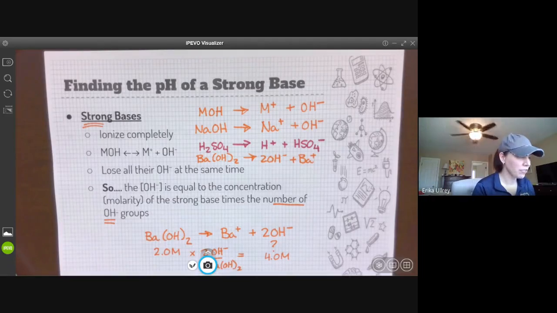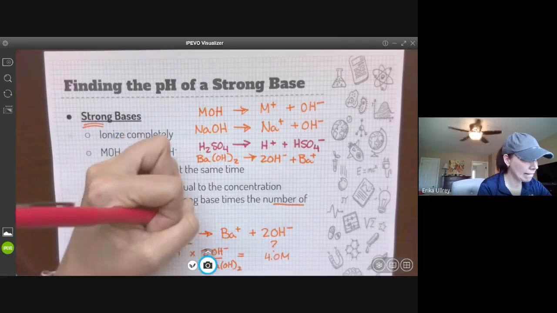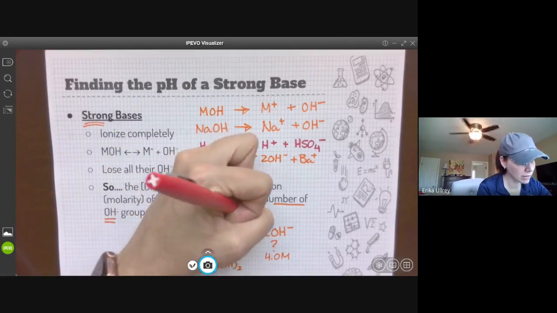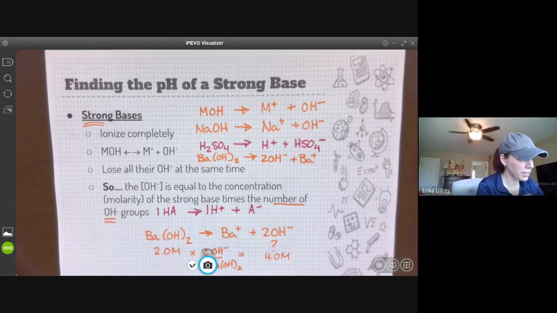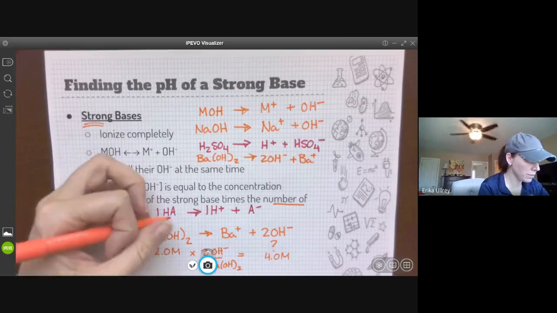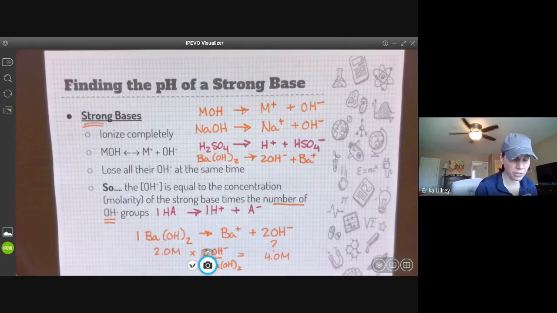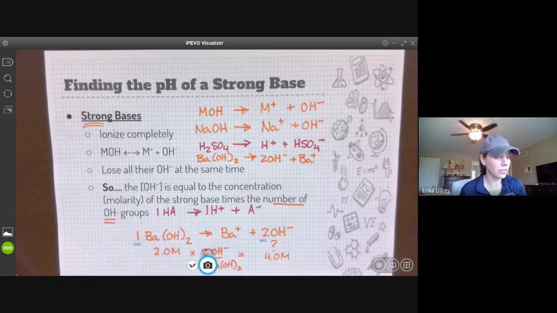That's a little bit different from when we talk about a strong acid. With a strong acid, this is a 1-to-1 relationship, whereas bases sometimes, not always, can be a 1-to-2 relationship. That's what's different with bases: occasionally we have to multiply by a coefficient of 2.